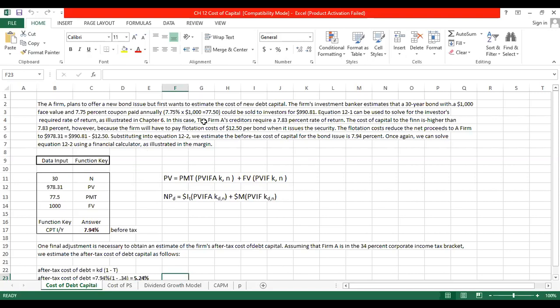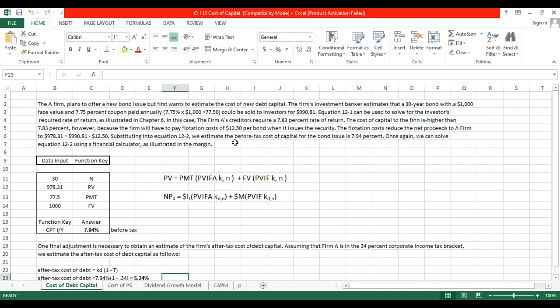In this case, the firm's creditor requires a 7.83% rate of return. So if you're a creditor, this is your expected return. So the cost of capital to the firm is higher than 7.83%.